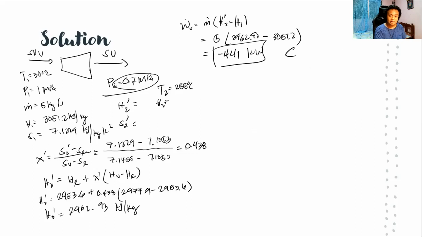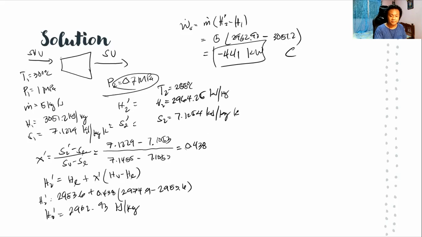So you can get the H2 is equal to 2964.25 kilojoules per kilogram, and then the S2 now is equal to 7.1254 kilojoules per kilogram Kelvin.